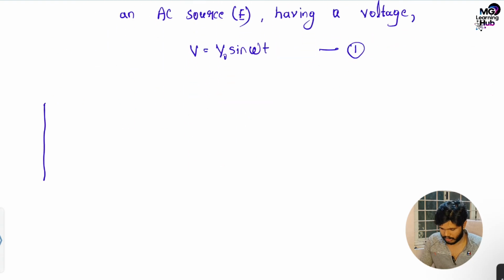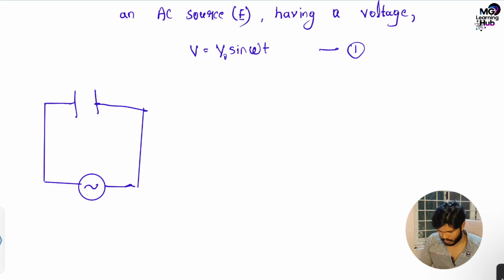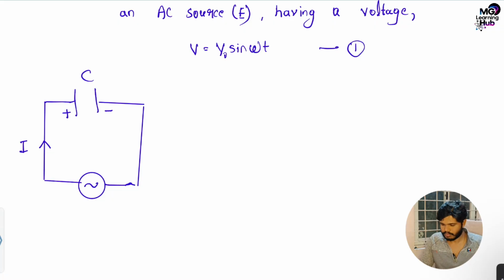What we need to do, we need to draw a diagram now. This is a capacitor. Capacitor C, and current I will be flowing through it.